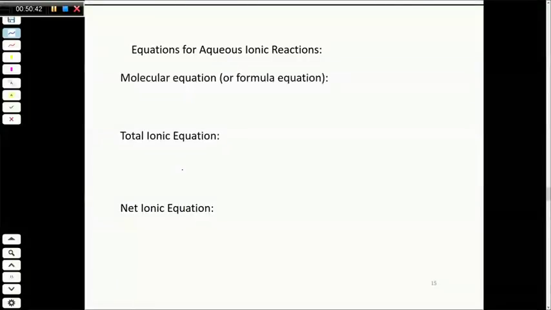So there are 3 ways that we can write these types of chemical equations out, and we're going to learn how to do all 3 of them. One is called the molecular equation. This is probably the most common way to write it, especially for precipitation reactions. So molecular equation is what I gave you earlier. It's the full set of reactants and products, and we don't separate the ions in this case.